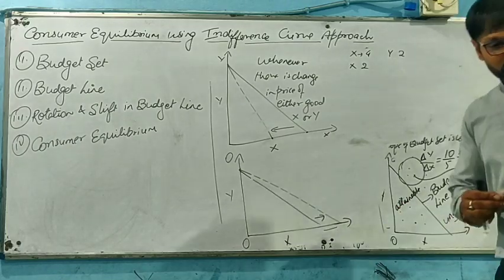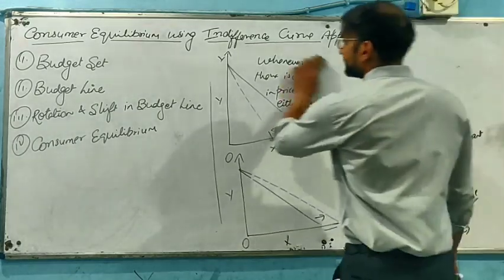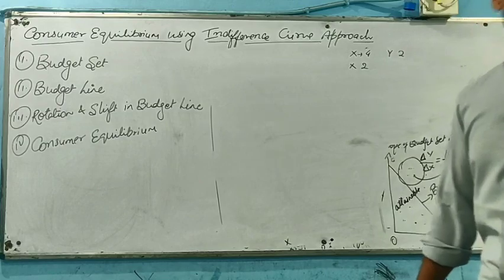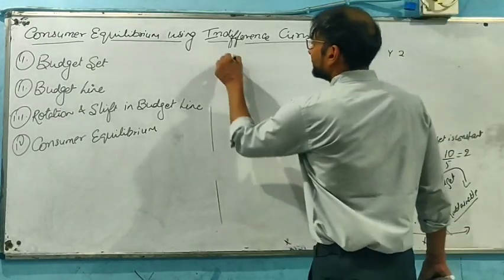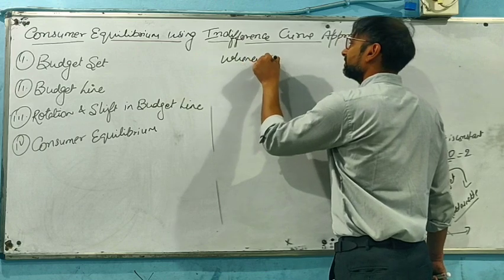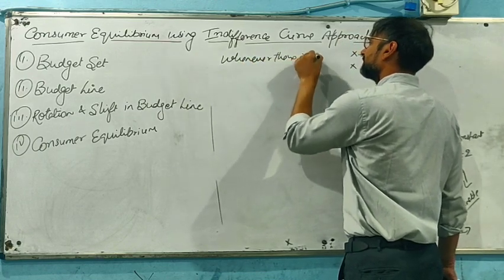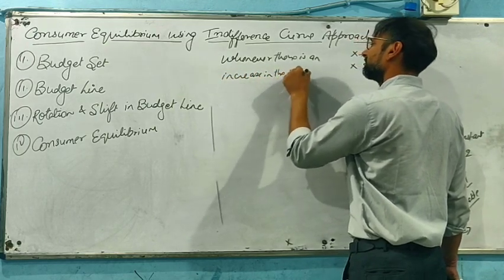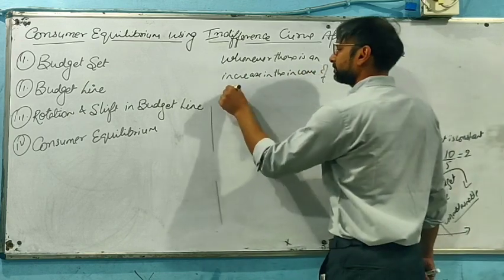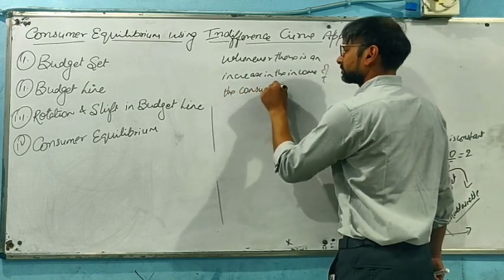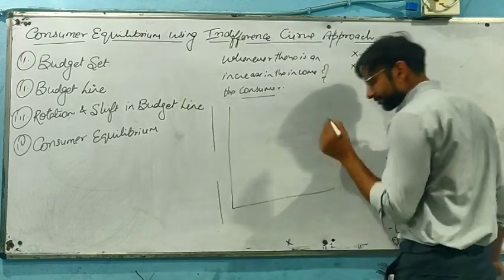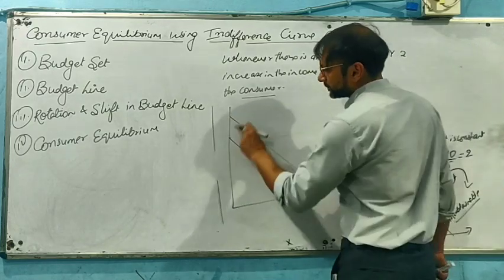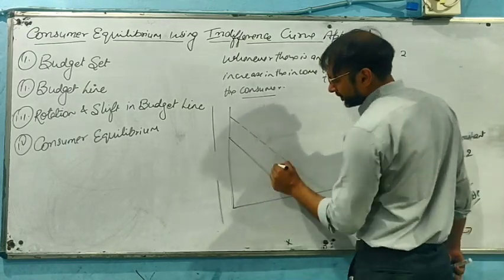If we talk about the shift, it usually takes place whenever there is a change in income of the consumer, since rotation leads to increase or decrease in the units of one good, whereas a shift affects both X and Y. Whenever there is an increase in the income of the consumer, there will be a shift in the price line, or we say budget line.